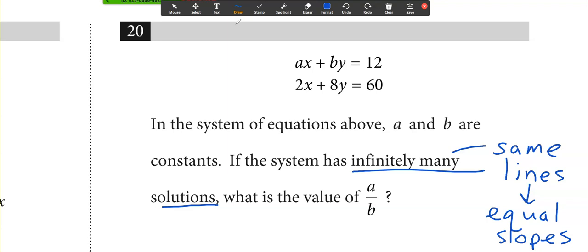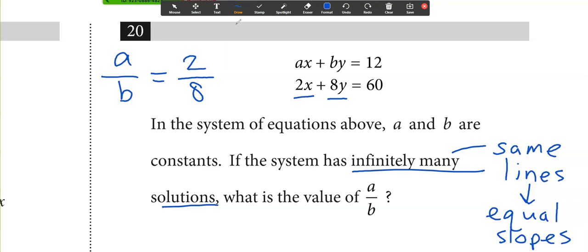So that means that a over b has to be the same thing as what over what? Doesn't it have to be the same thing as 2 over 8? Otherwise, they're not going to have the same slopes.